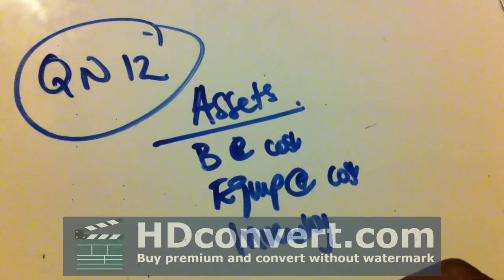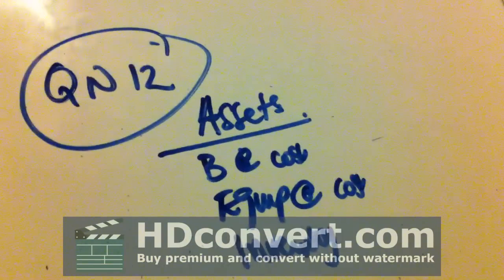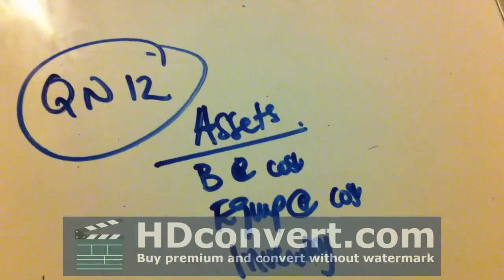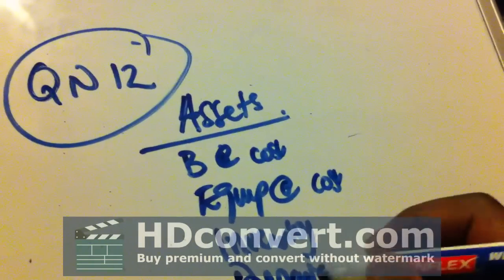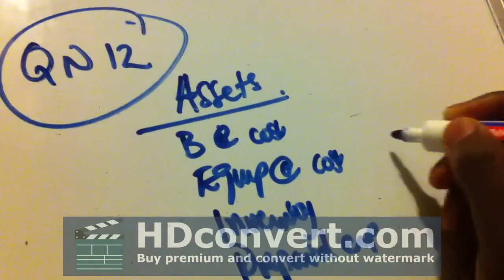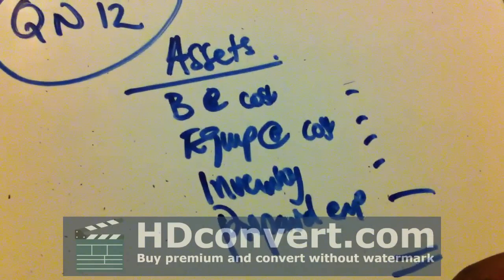Income received in advance, the liability, trade payables, liability, short-term loan liability, long-term loan liability. Prepaid expense, it's an asset. So prepaid expense. So you get the figures there. You add the total.